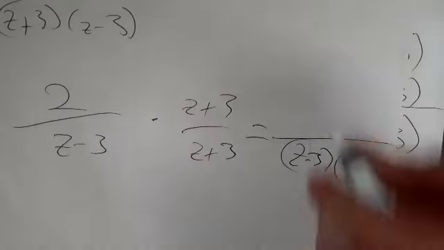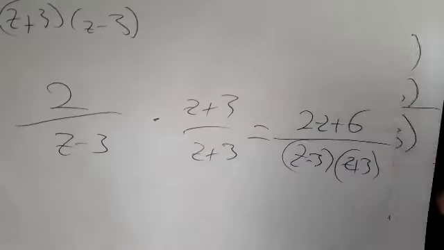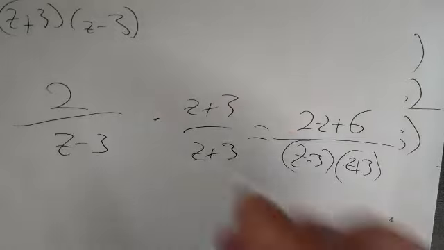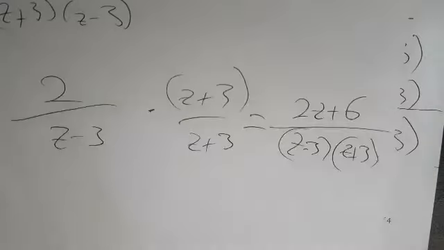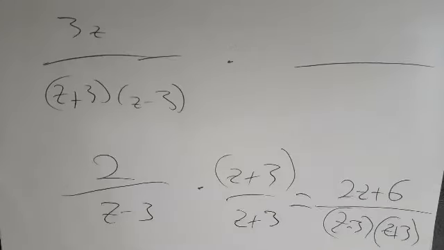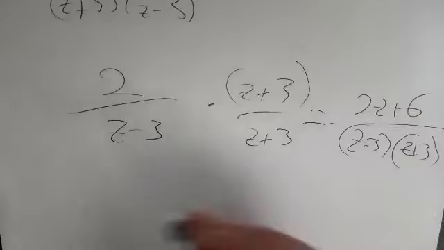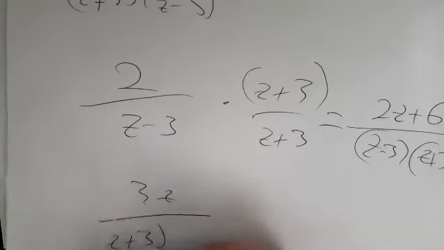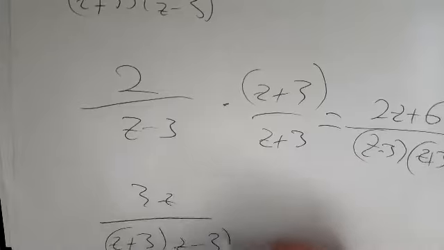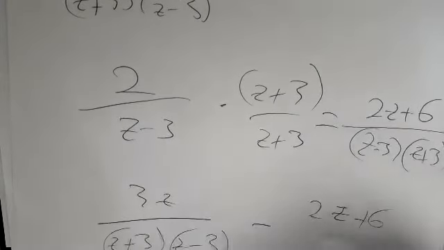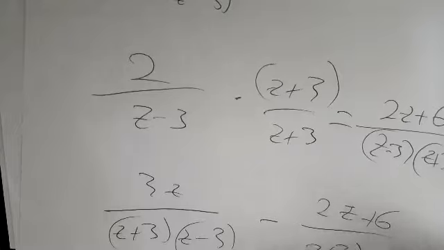All right, so I'm doing 2z plus 6. If I do that distribution, it is 2 times z plus 3. And now I'm doing this one minus that one. 3z over z plus 3, z minus 3, and minus 2z plus 6 over the same thing.